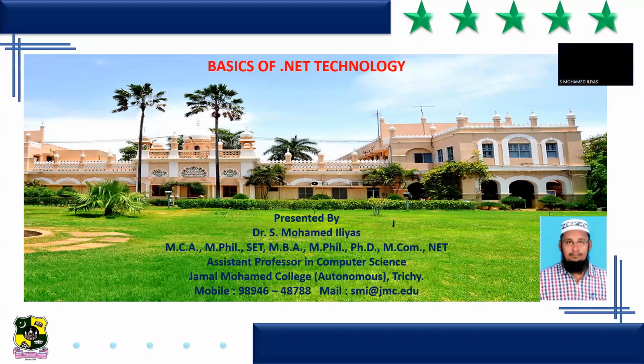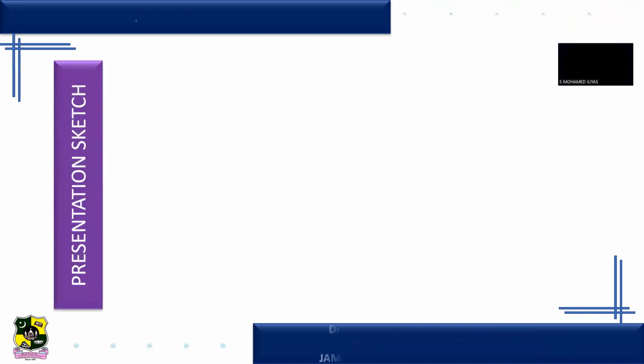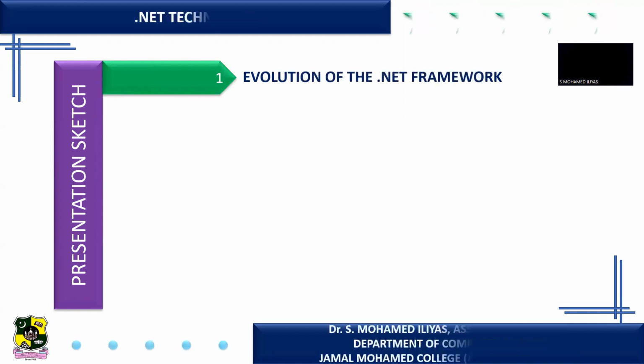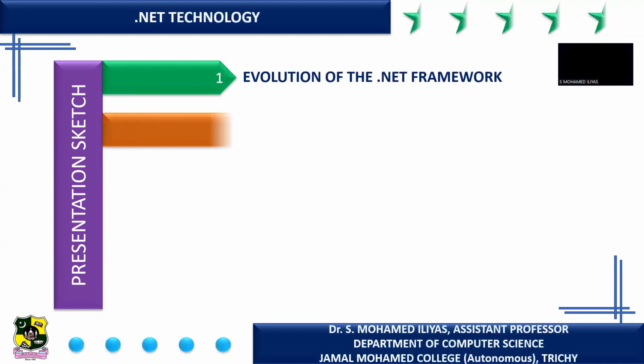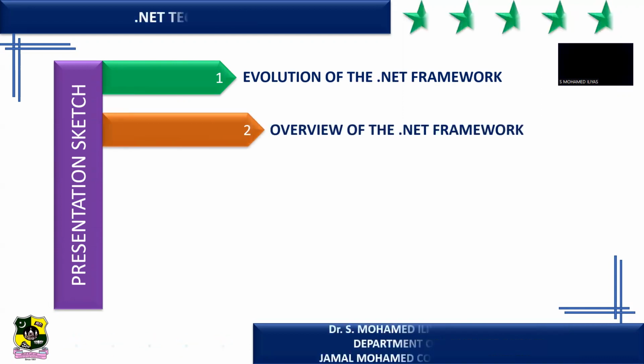So in this video, we are going to discuss the basics of .NET technology. So the overview of our presentation is: number one, evolution of the .NET framework. Number two, overview of the .NET framework.